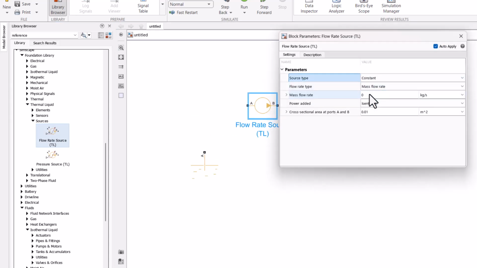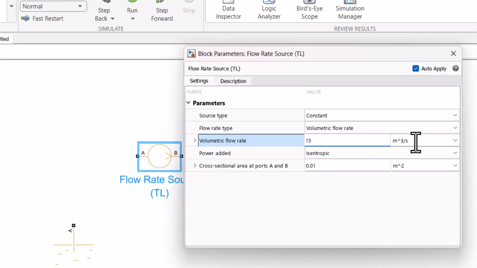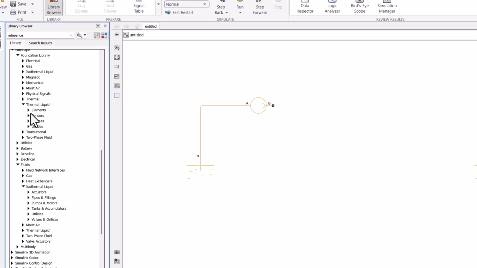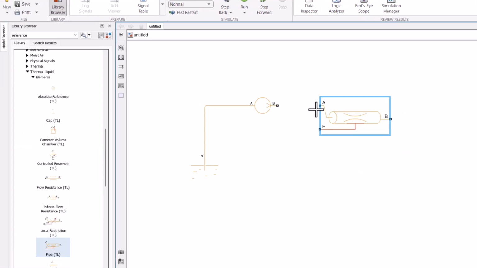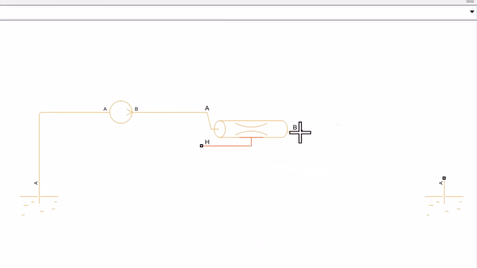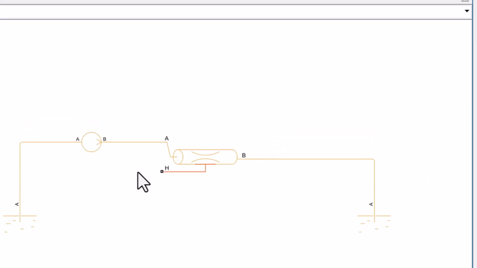So I set a constant volumetric flow rate source at 15 cubic meters per hour. Then I add a pipe again. I set it to 100 meters, and I'm not going to change any of its settings. Now the system is complete.